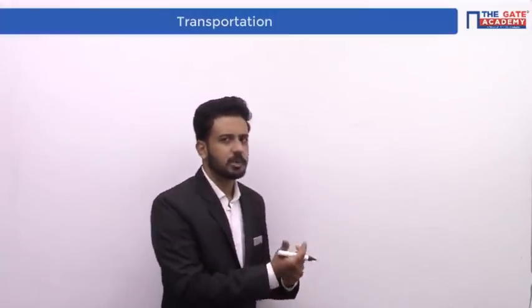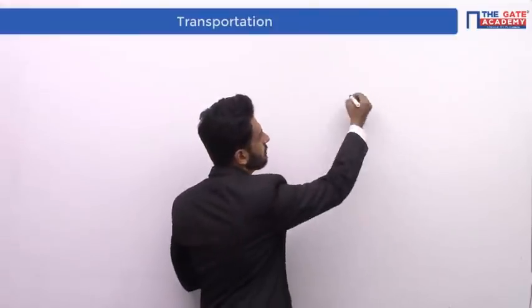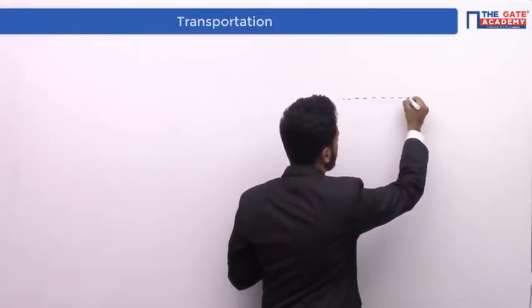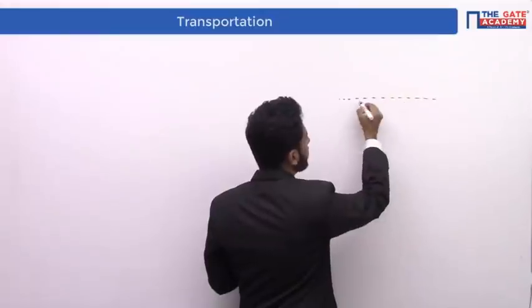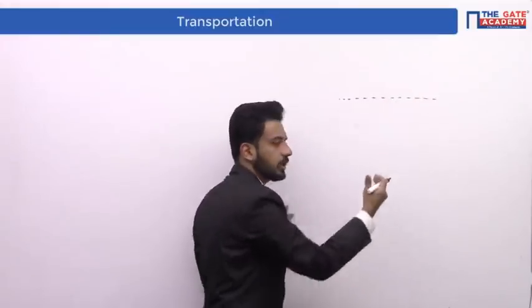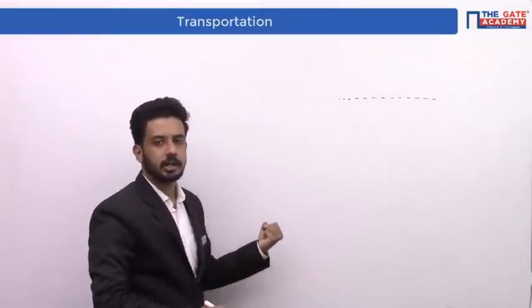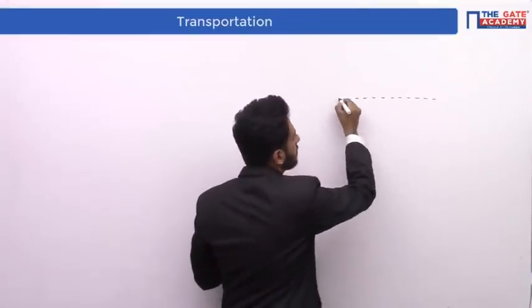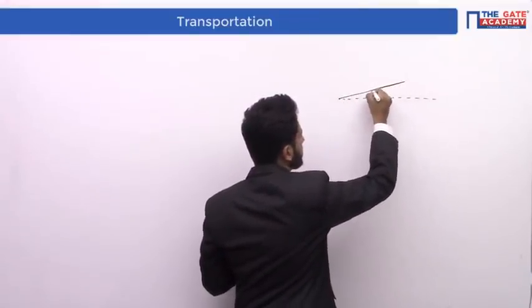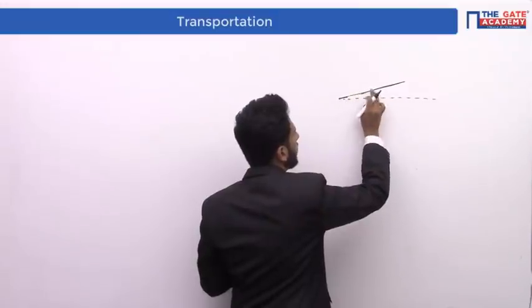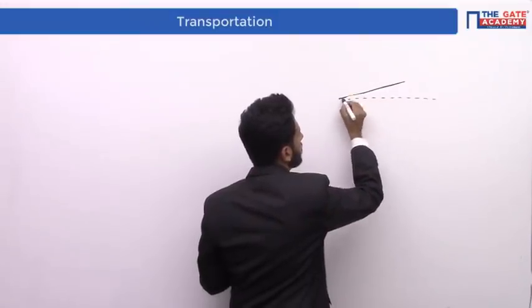We have different methods to attain super elevation, correct? Suppose it was horizontal ground, either we can raise the outer edge or lower the inner edge and make the slope like this. Make the road like this, correct?